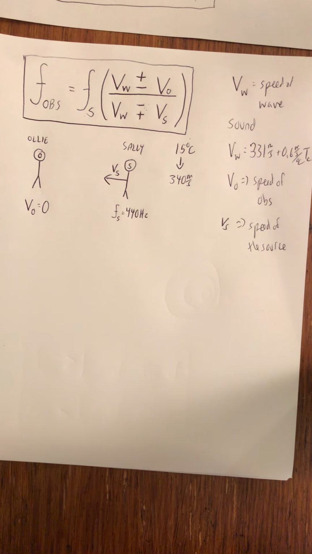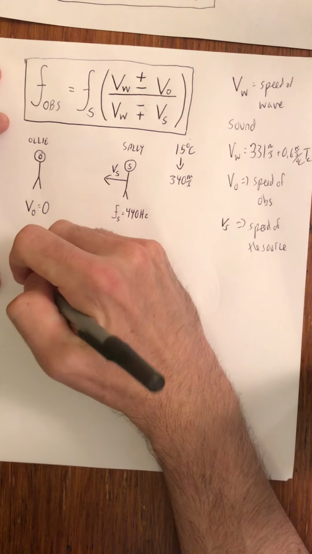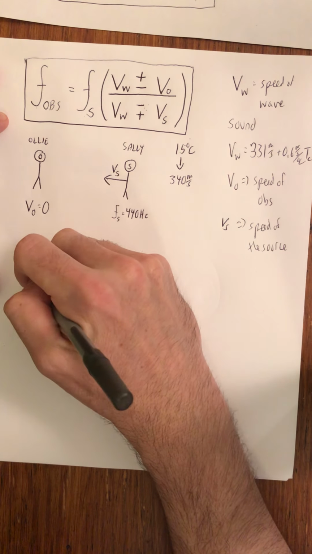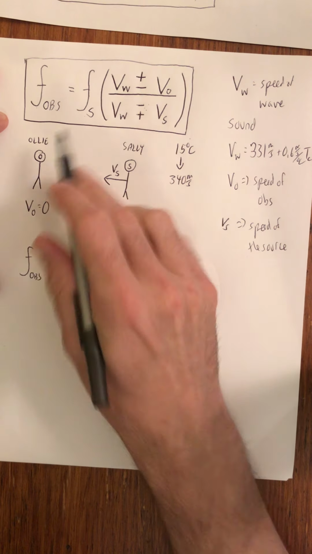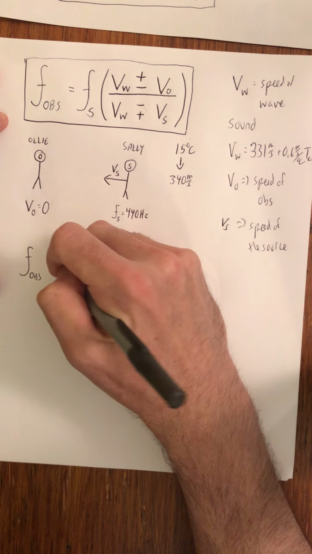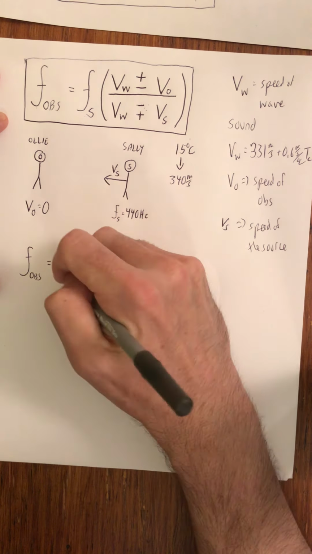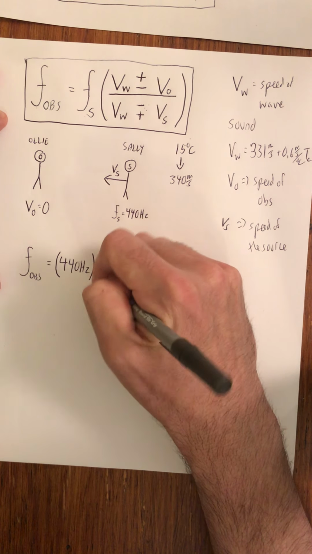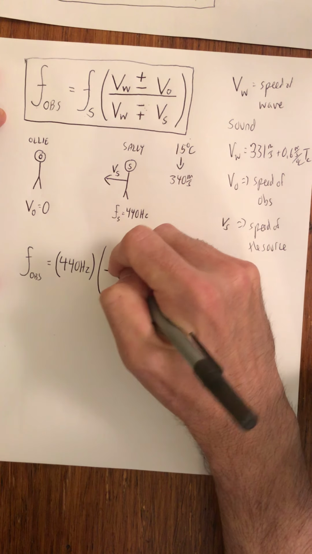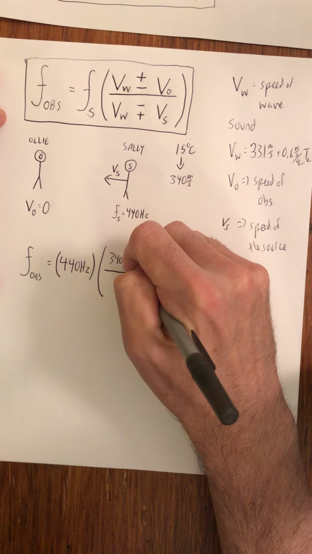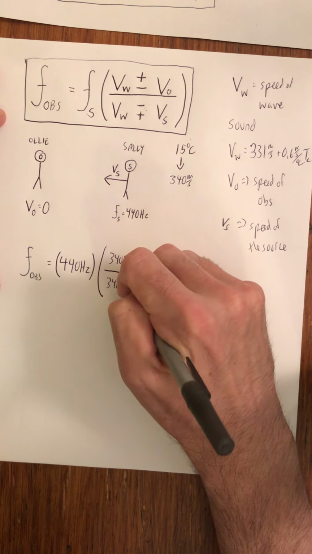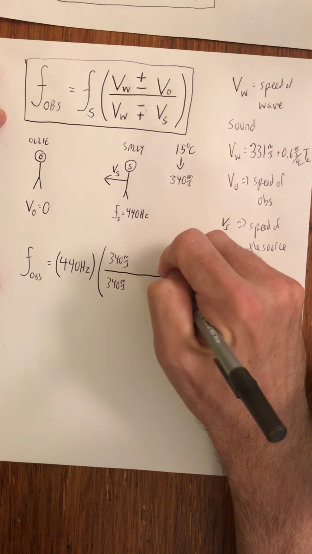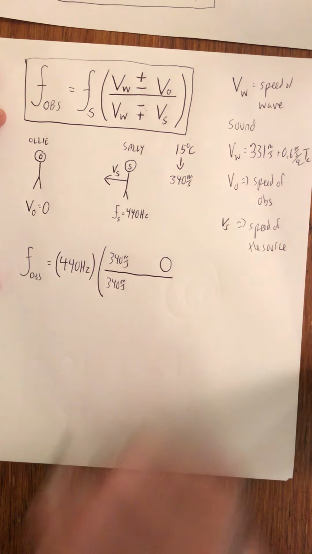So how would I set this up then? Well, here I go. I would write down my equation, which I've done up there, and I'd start filling in the parts. So in place of frequency of the source, I put 440 hertz. Speed of the wave, I'm just going to fill in my template, and so that's 340 meters per second. I'm going to put that in both places. The speed of the observer is 0, so I'm going to put a 0 there.